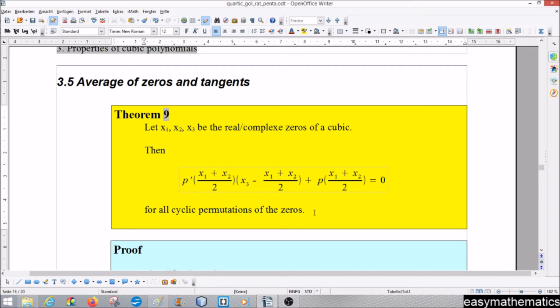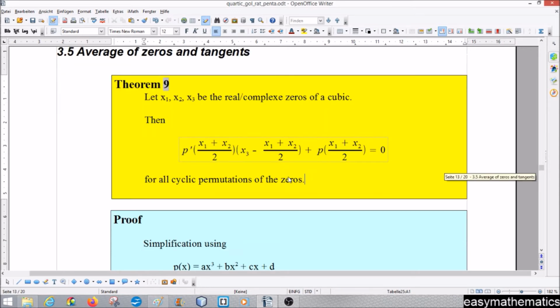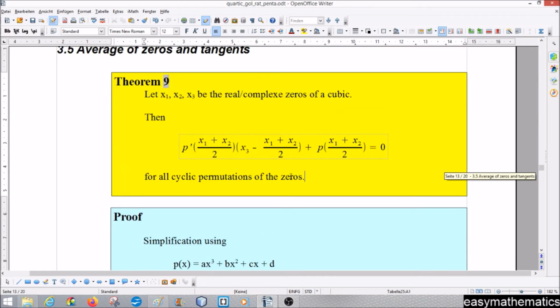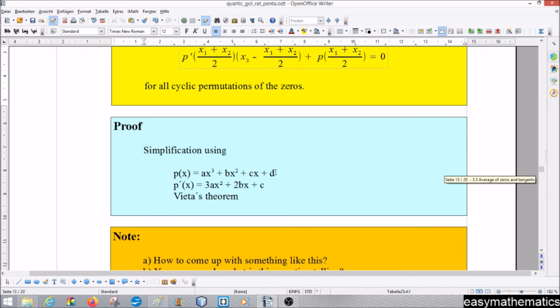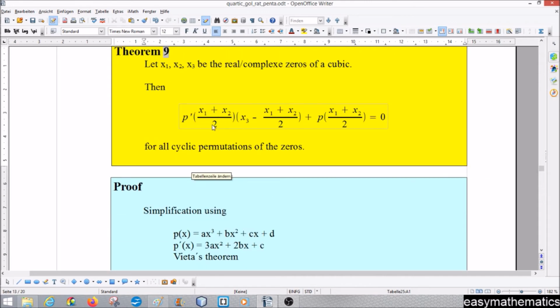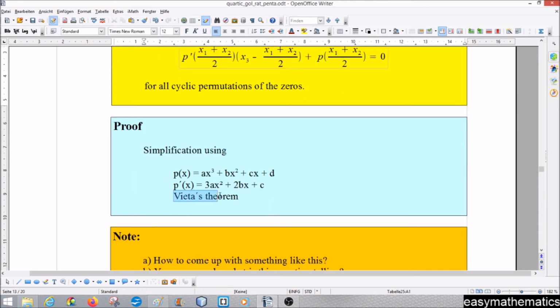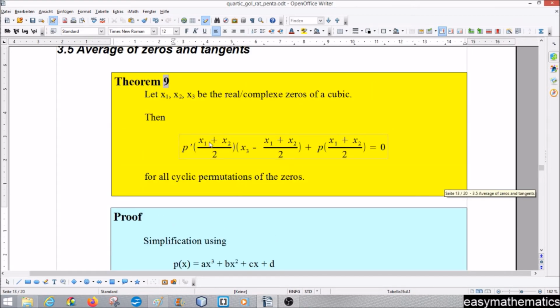Yeah, what does this tell us? So we first prove it. I leave this also for you. I'll show you a more elegant proof in a minute. But if you want to prove it naively, yeah, you take q of x, then you take the derivative, you evaluate them at the average of x1 and x2, and using Vieta's theorem, at some point you should get 0.